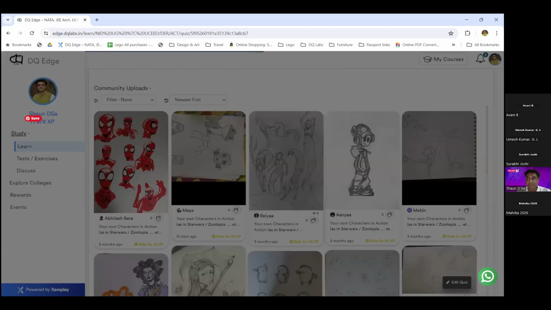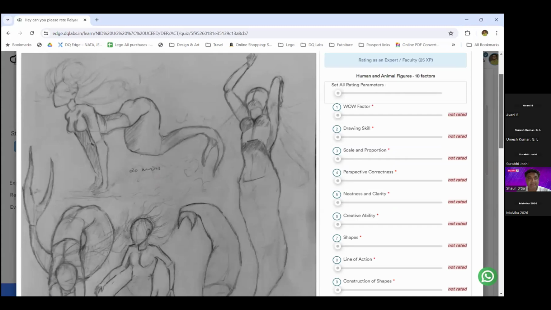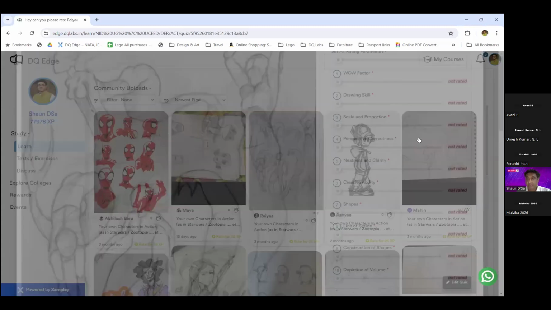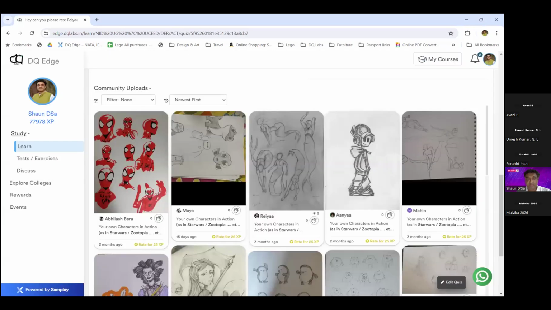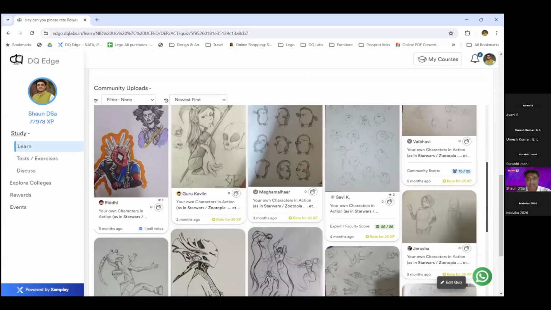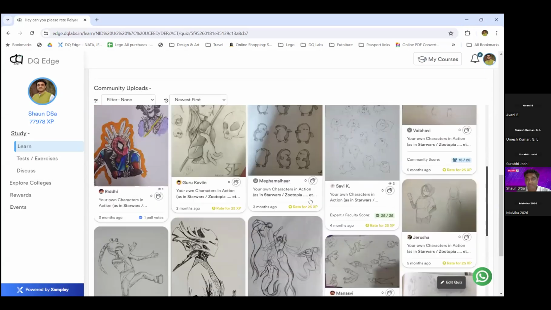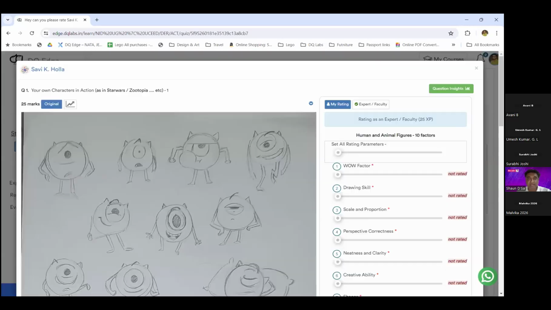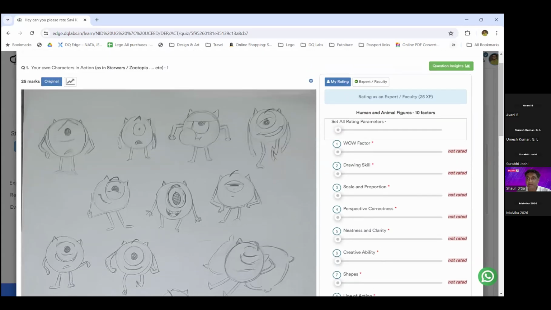Can you see this? Mermaid characters, right? Or especially Zootopia kind of characters, if any of you have studied them. You must practice this variation, right?